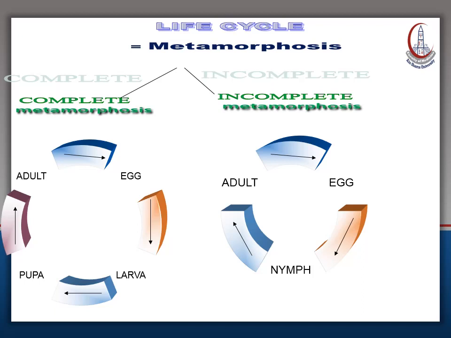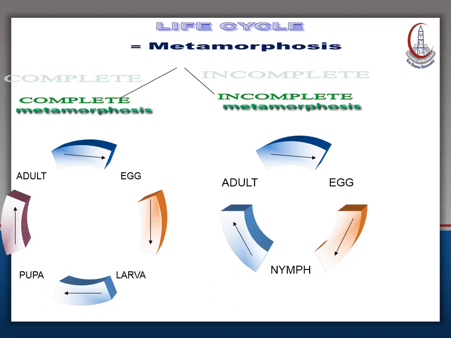If we compare the morphology of the immature stages, namely the larva and the pupa, we find that they are completely different in morphology from the adult, and big changes must happen in order to change into an adult. So there are complete metamorphological changes, and that's why we call the life cycle complete metamorphosis.